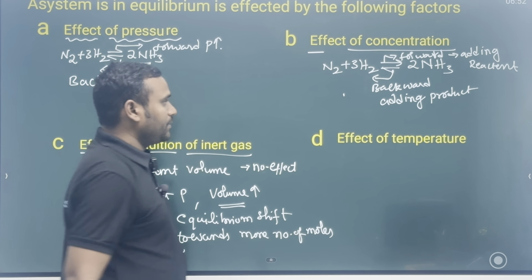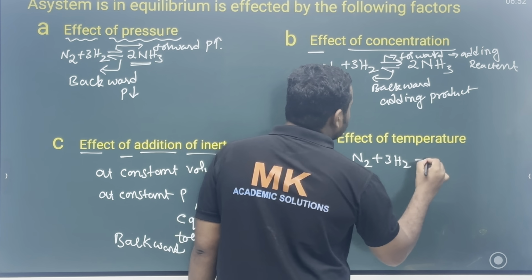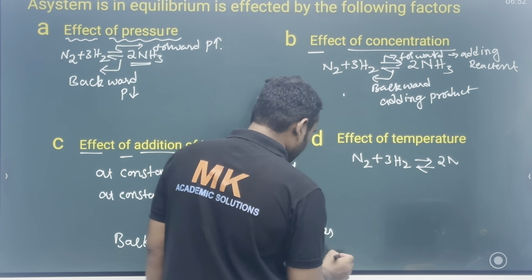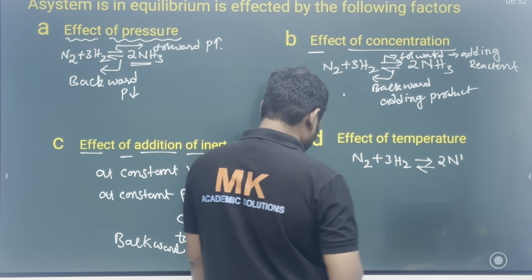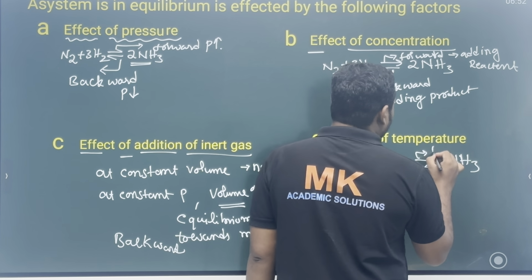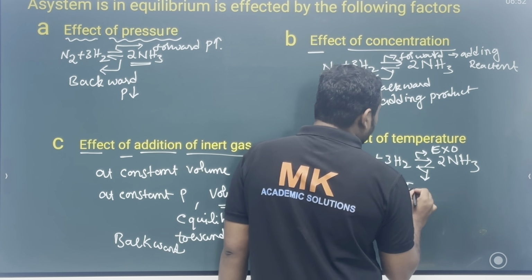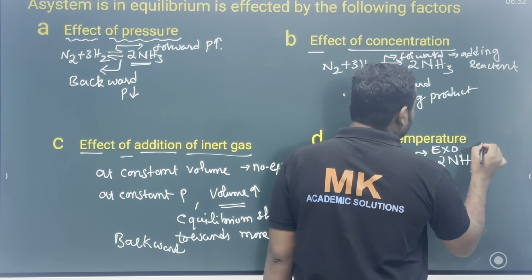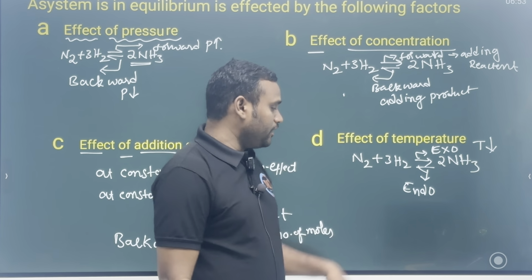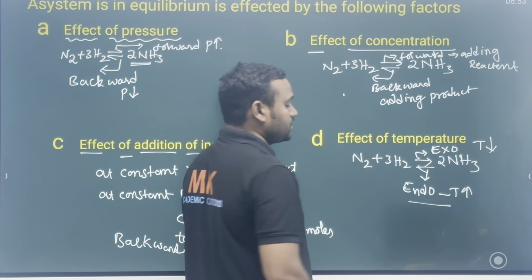Next, effect of temperature. N2 plus 3H2 gives rise to 2NH3. Here it is an exothermic reaction in the forward direction, and endothermic in the backward direction. For an exothermic reaction, when temperature decreases, forward reaction is going to take place, and for an endothermic reaction, when temperature increases, backward reaction is going to take place.